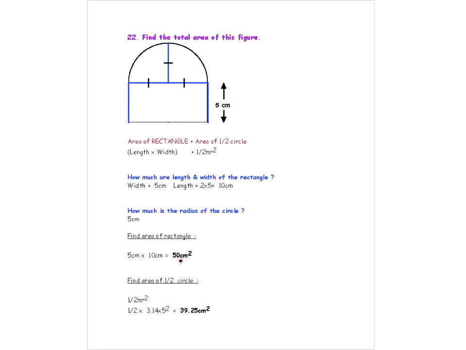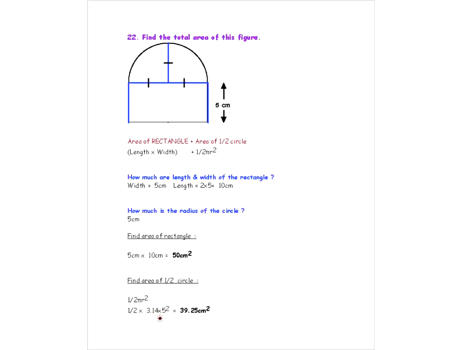But what's the area of half a circle going to be? Well, we know the area of a circle is pi r squared, so we find 1/2 of pi r squared. What's r going to be? r is going to be 5, right? See this here, radius is going to be 5. So it's 1/2 pi r squared. So here's pi. Here's r, which is 5 times 5.